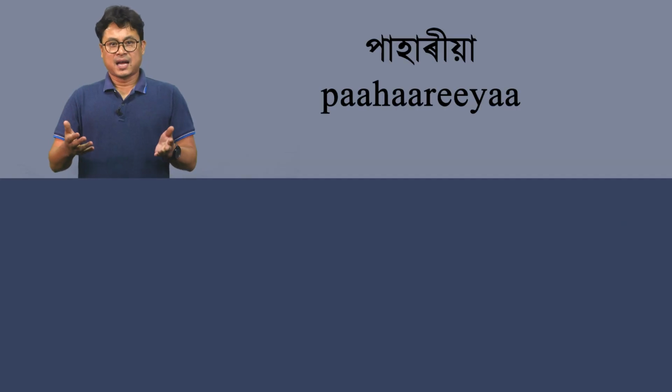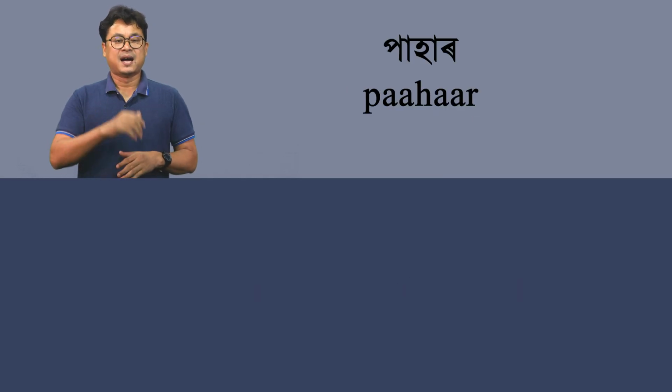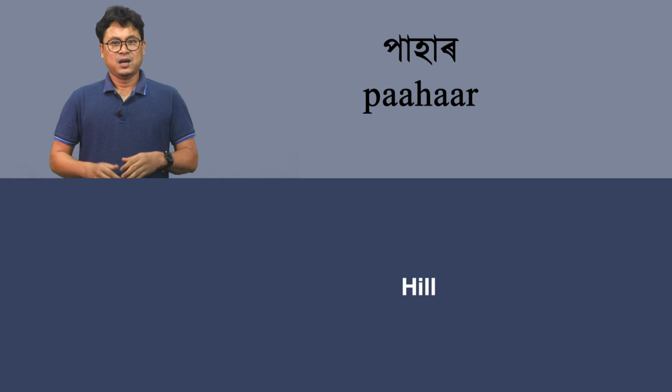The derived meaning is belonging to Assam. Paharia, meaning hill dweller or belonging to hills, comes from pahar, meaning hill, with the same derivational suffix ia. The derived word, that is paharia, refers to someone or something associated with hilly regions.